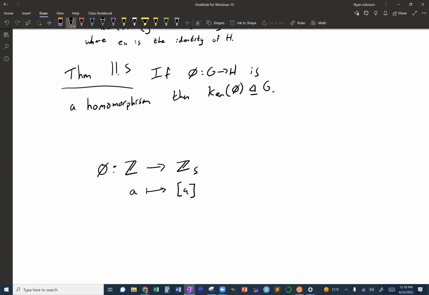What would be the kernel of this function? Five is one of the elements of the kernel. What other elements would be in the kernel? Yep. So then the kernel is all multiples of 5.